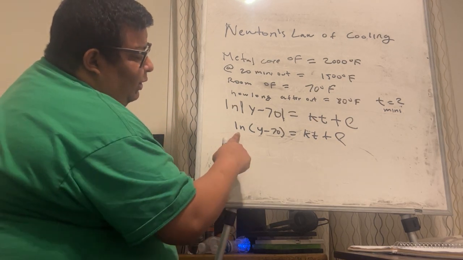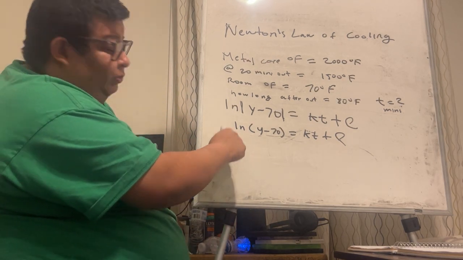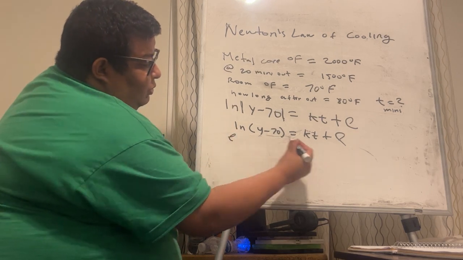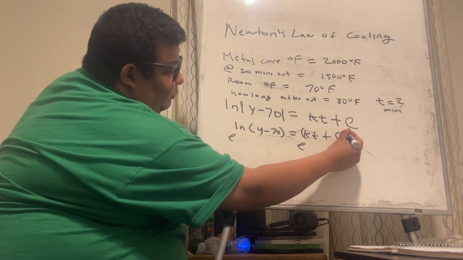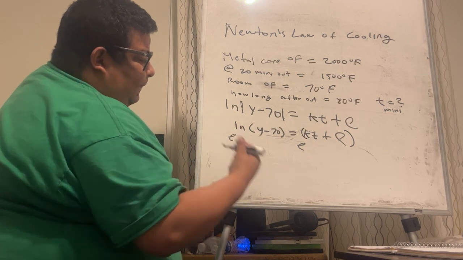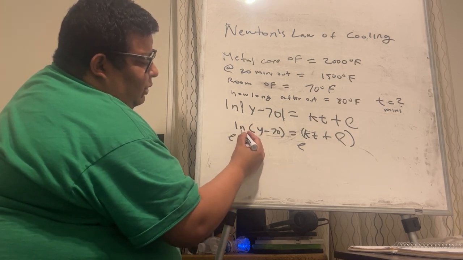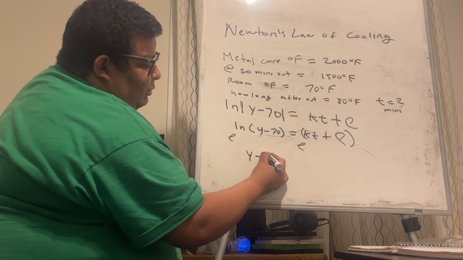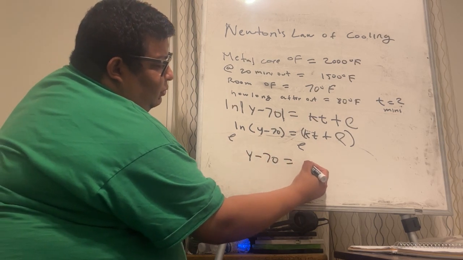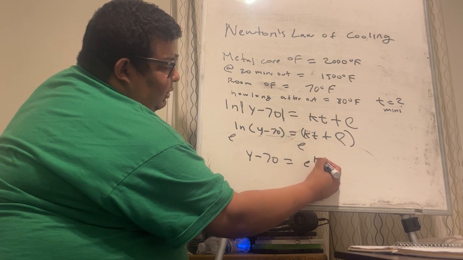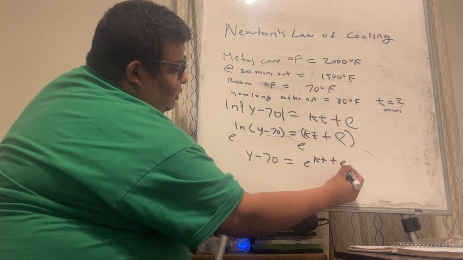Now we want to get rid of this log, so we take the exponential on both sides. On the left side, we get y minus 70 equal to e to the kt plus c.